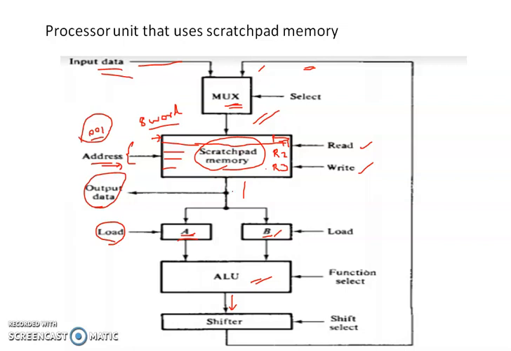Okay, so a common line will be there connected to the registers A and B, and from this bus, based on the initiation, that is, in first timing variable T1, load is initiated to the register A, which allows the register A to access the information currently available in the bus.